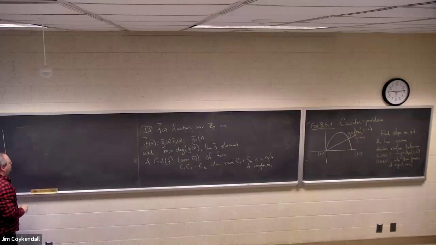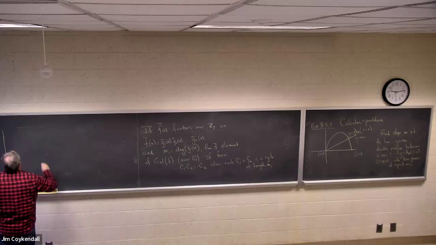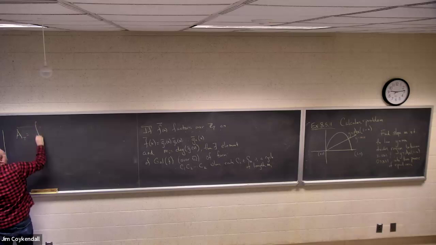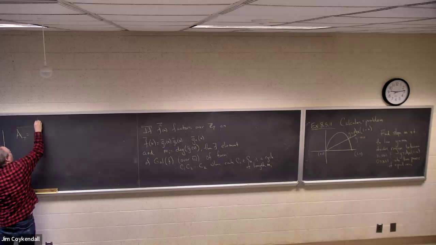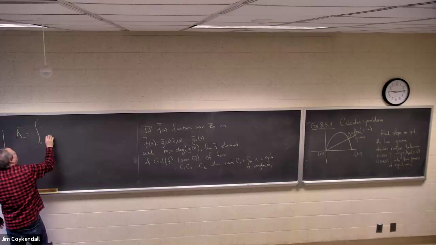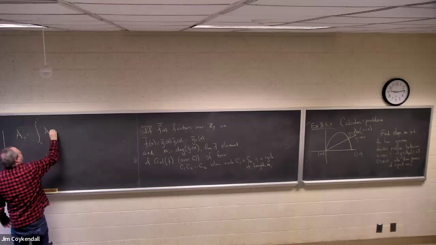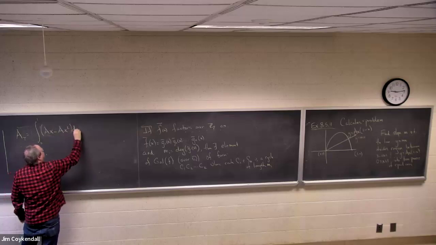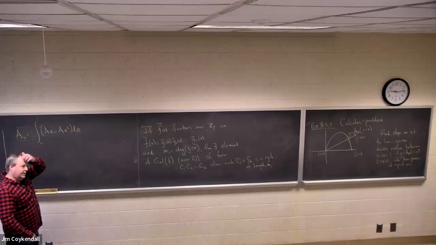Well, so how do you go about such a thing? Well, the area under the whole curve is the integral from 0 to 1 of 8x(1 - x) dx.